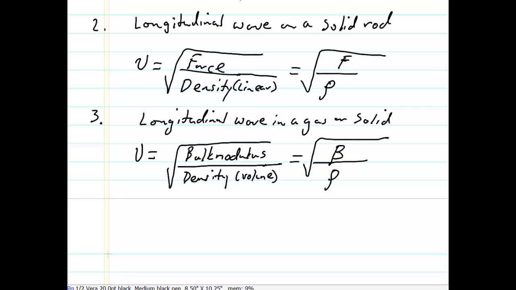As an example of such a problem, let's go on now and look at the second fact.